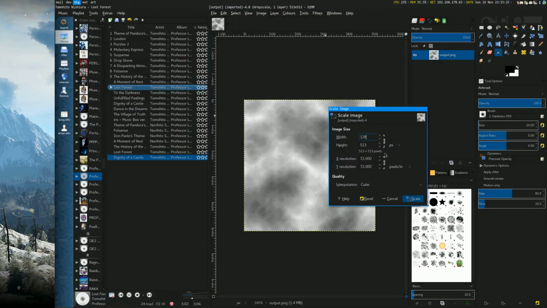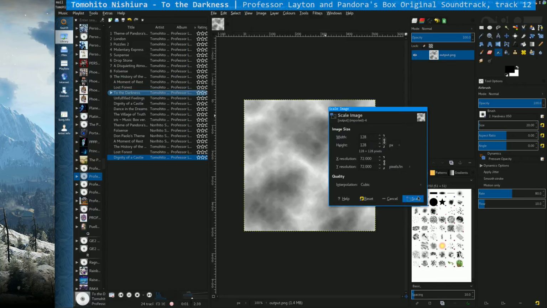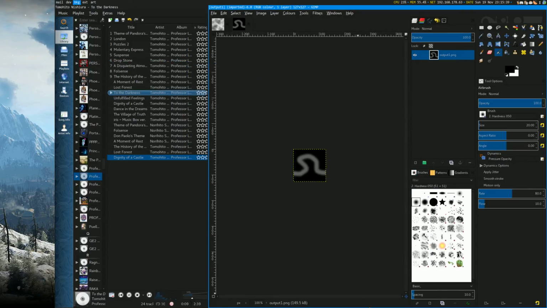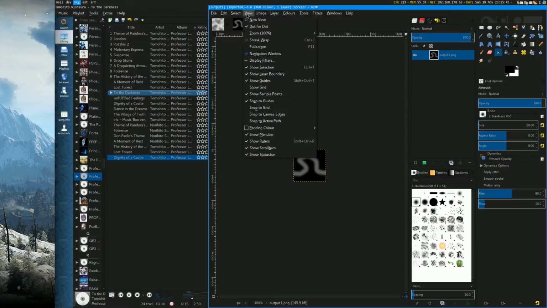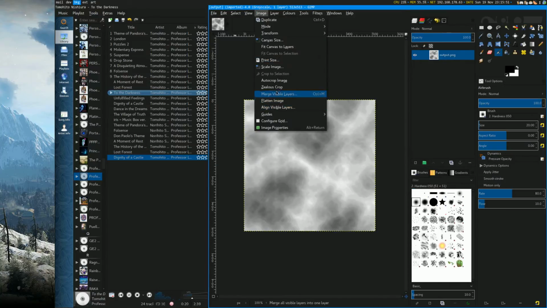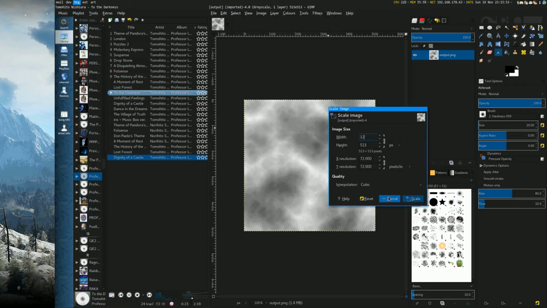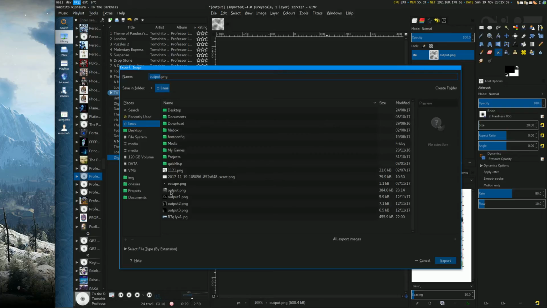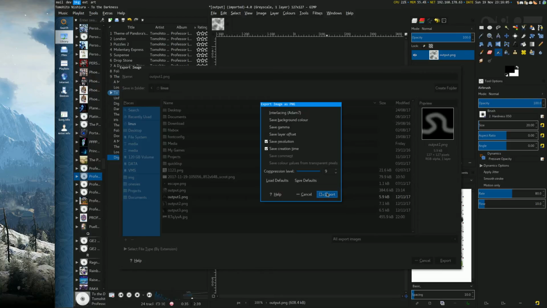What did we have? 128, I think? Maybe? Or was it 127? Why doesn't it just tell me how big it is in the status bar? Yes.